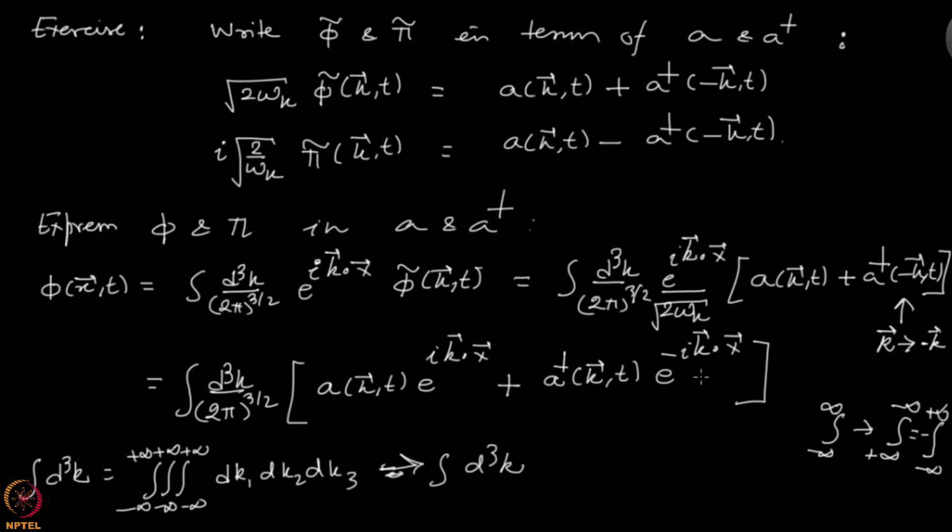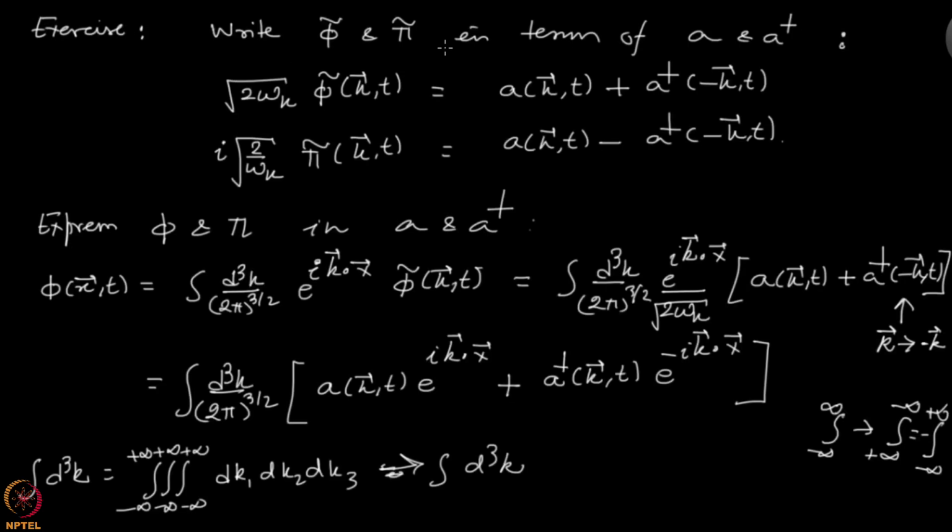Okay, so that's the expression of phi. Let me also give you the result of pi. In fact, I want to nicely record both of them here. We'll use it later. So phi(x,t) is the integral of d^3k over (2π)^(3/2), and then I had 1 over the square root of 2 omega k. Let's check.